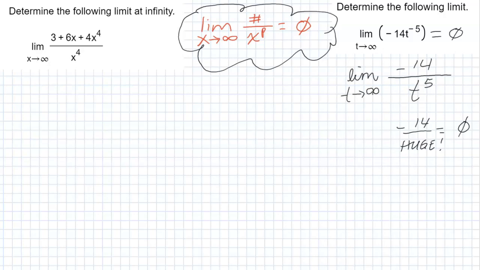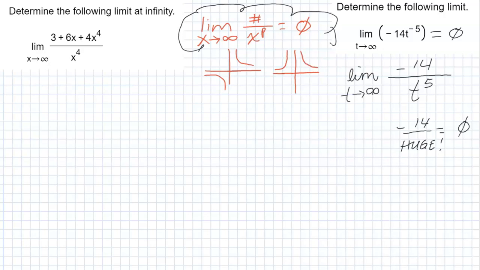Okay, just like we know in the parent graph of the reciprocal function, right? So if we have the parent graph of 1 over x, it will look like this. And then if we have 1 over x squared, it will look like this, right?